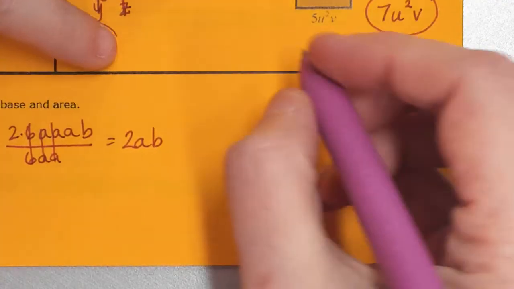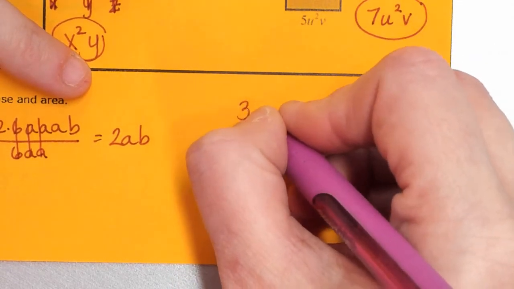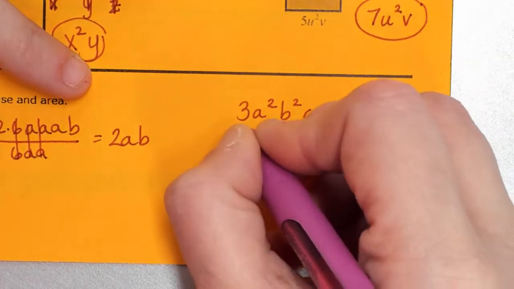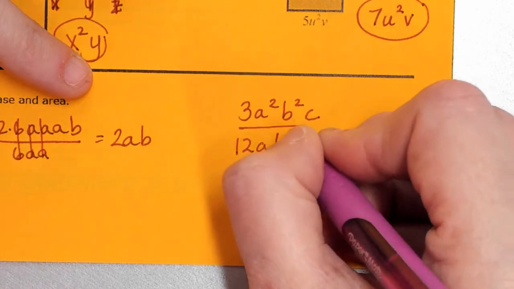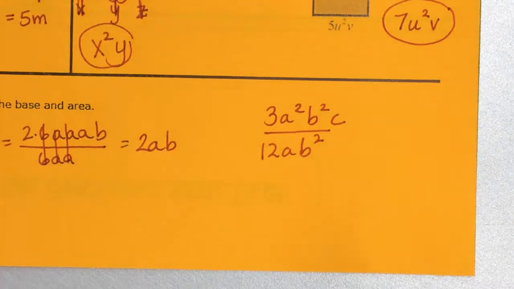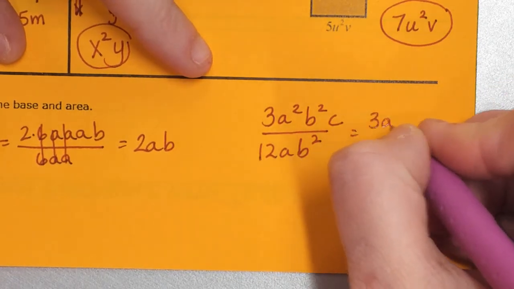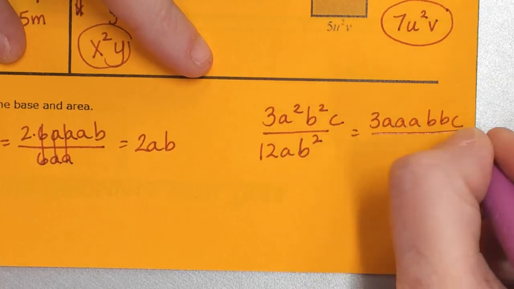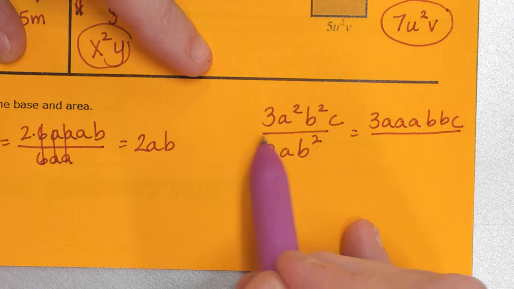So what if we had, let's say, 3a squared b squared c over 12ab squared. Okay? So I'm going to expand. I have 3, a, a, b, b, c over. Now, I have a 3 up here, and I need to cancel.